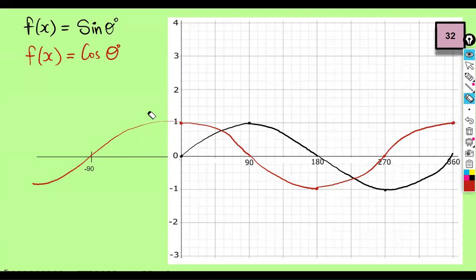But once again, right now, I'm not concerned about the negative angles. So the red one is cosine x. Let me know when you're finished with those two drawings. And then I have to clear the screen. Actually, no, I could draw tan x on this same graph for you guys. But let me know when you finish with these two.